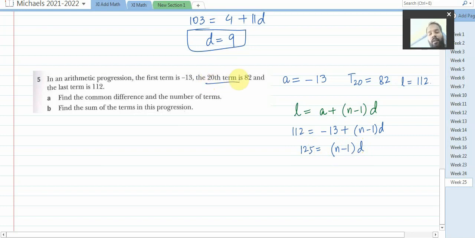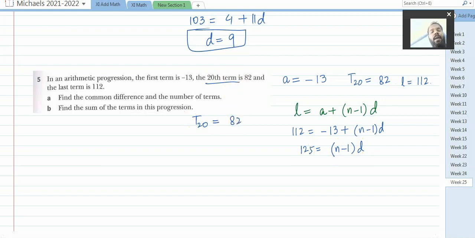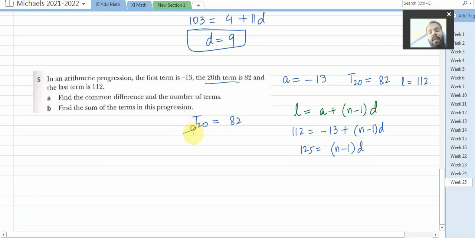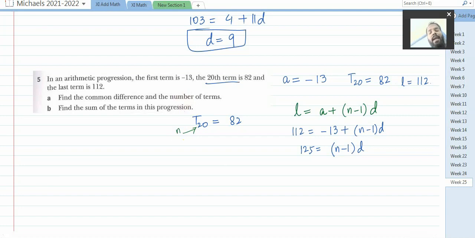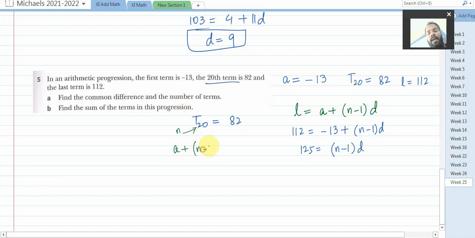Alright, so T20 is equal to 82, and 20th means that now you have the value of n equals 20. The working formula for the nth term is A plus (n minus 1) times D, which equals 82 as already given. I am going to place the values here.